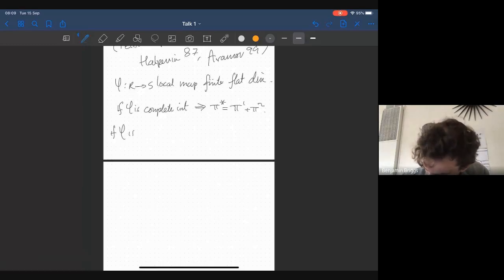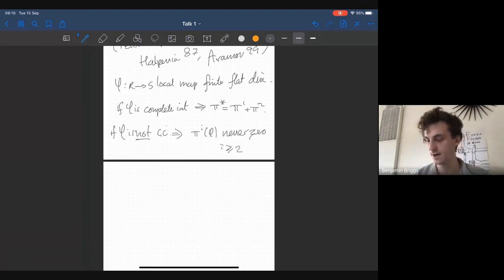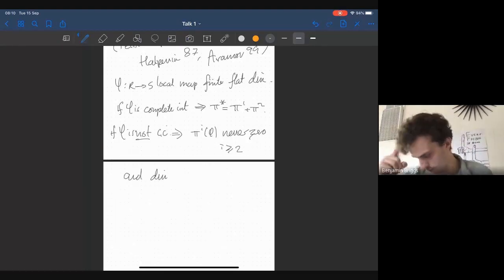If phi is not a complete intersection, then in fact pi_i of phi is never 0, at least for i greater than or equal to 2. The homotopy algebra is always non-zero forever. It goes on forever, and in fact the dimensions of these groups grow exponentially.